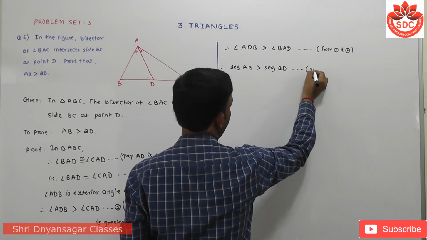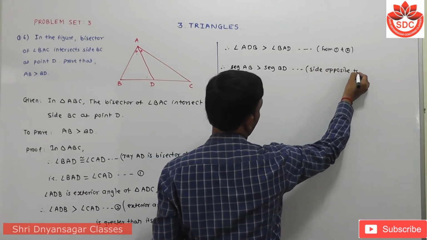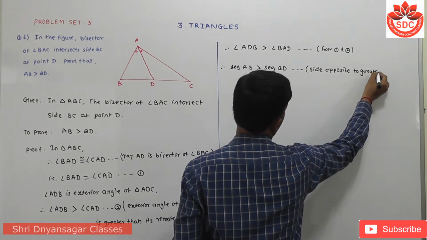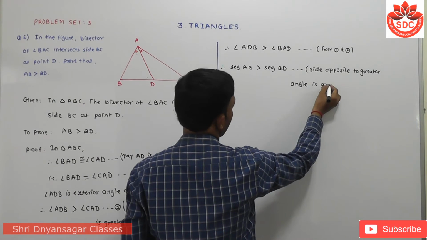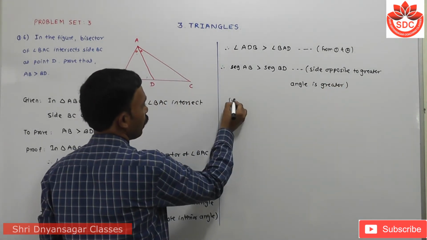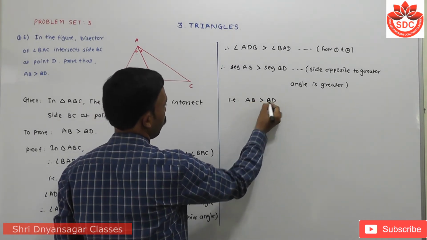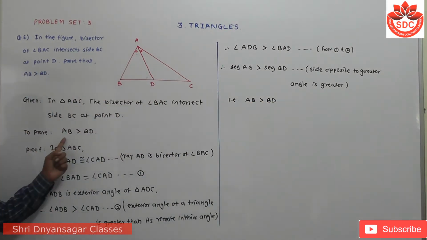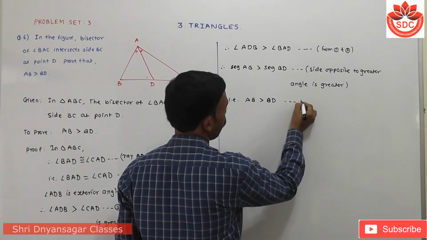Because reason is that side opposite to greater angle is greater. That is, AB is greater than BD. We have to prove here AB is greater than BD, and hence it is proved.